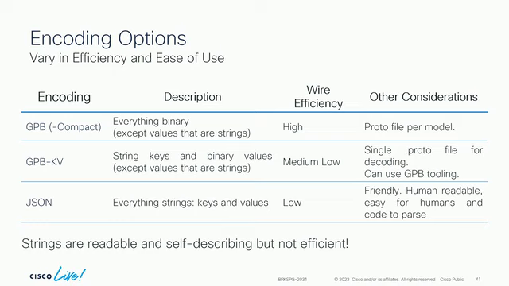But first of all, you need to switch to Google Protobuf. And within Google Protobufs, we have two types of encodings. With compact, everything would be binary, so this file would not be readable at all. It will be just one binary. So you will need one proto per model.